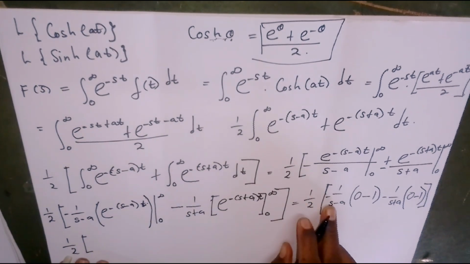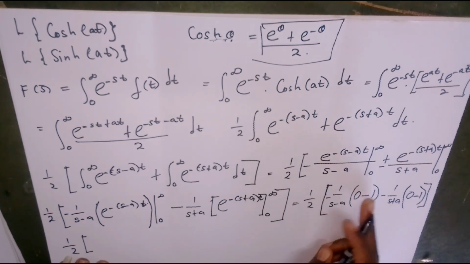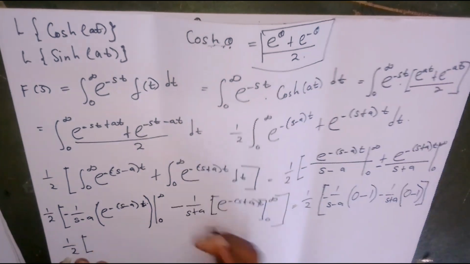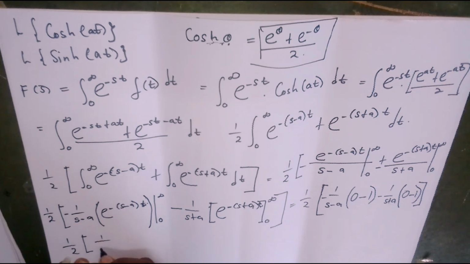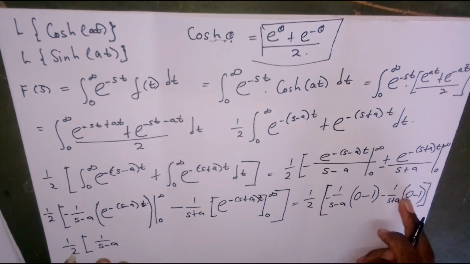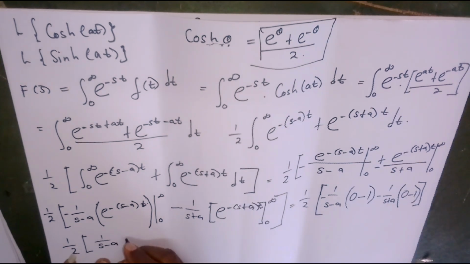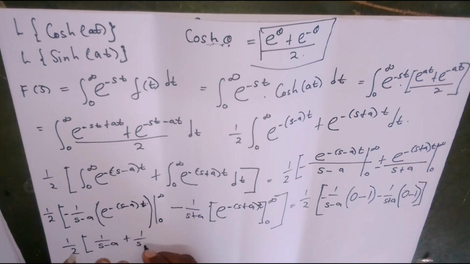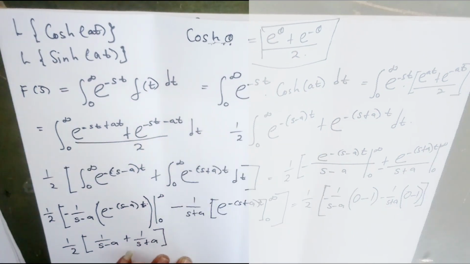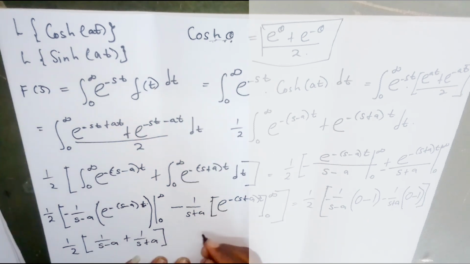So if we multiply with this, if we let this one enter these brackets, we're going to get a 0 here, and then left with 1 over s minus a, and then for this 1 over s plus a, here we get a 0, here we're going to get a positive 1 over s plus a. Then after that, we can find the denominator of these two in the brackets.